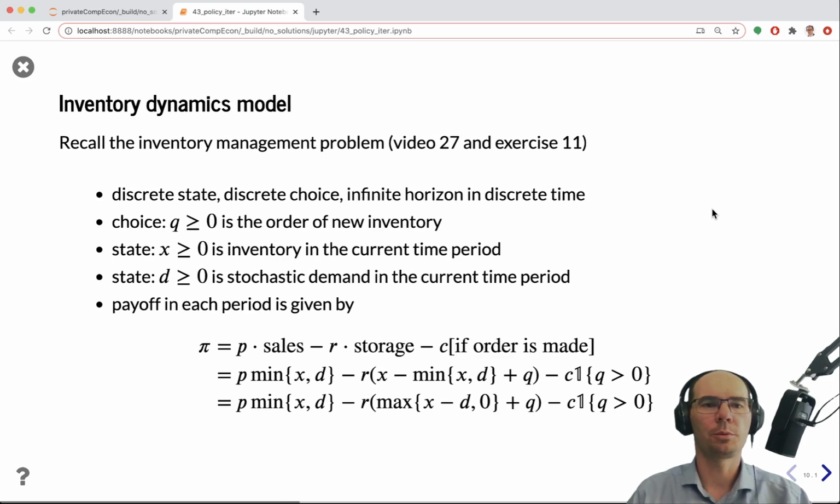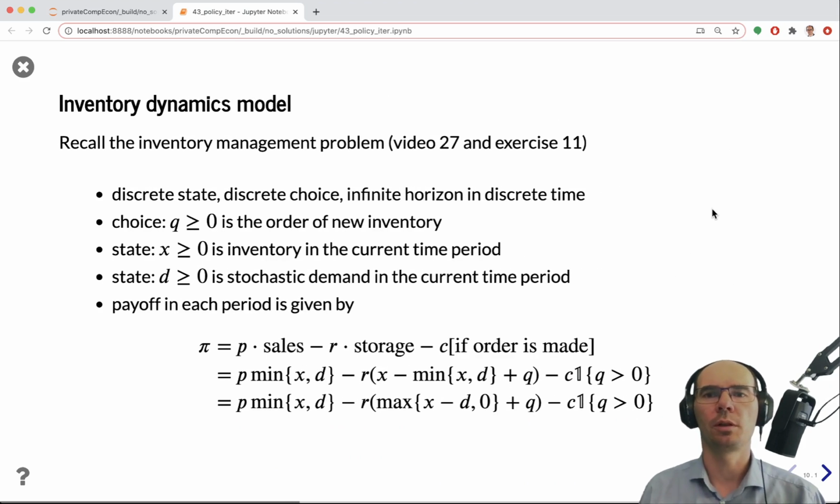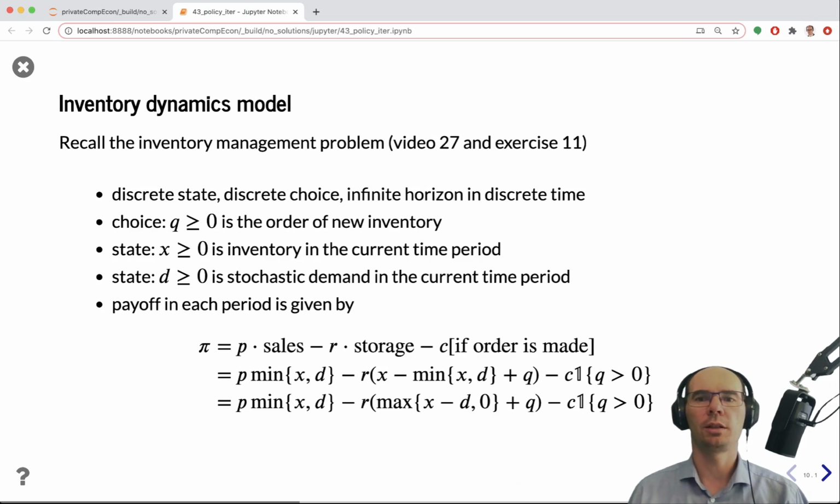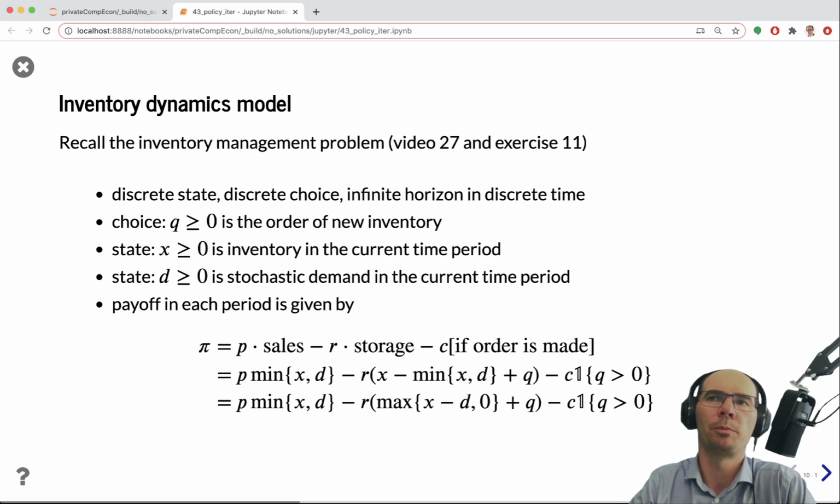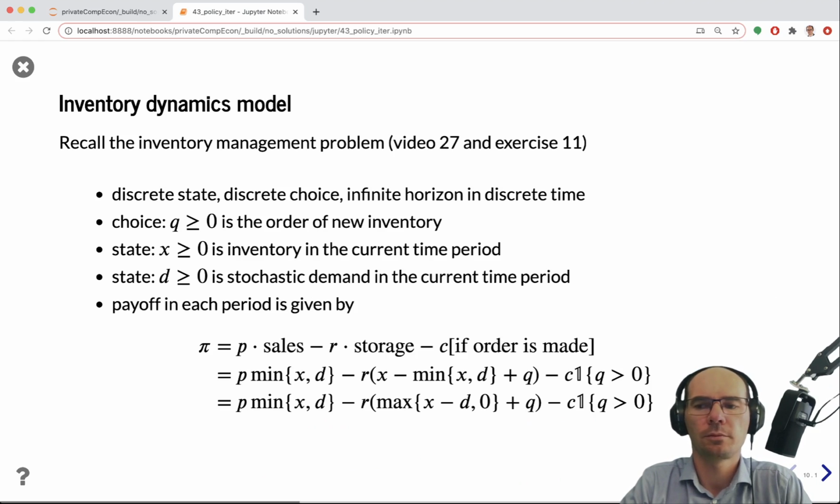Okay, so I thought we would go back to the inventory dynamics model here, which is a finite state model, so it suits the policy iterations method quite well. Although you can write the policy iteration solver for the consumption savings problem, including the stochastic consumption savings problem, it's just a bit more tricky to wrap your head around how to represent the Bellman equation as a linear system of equations.